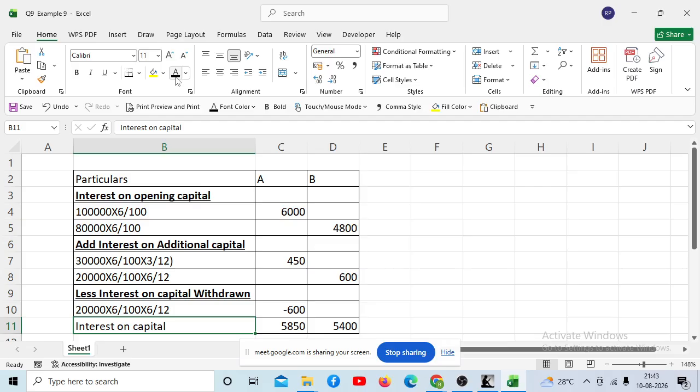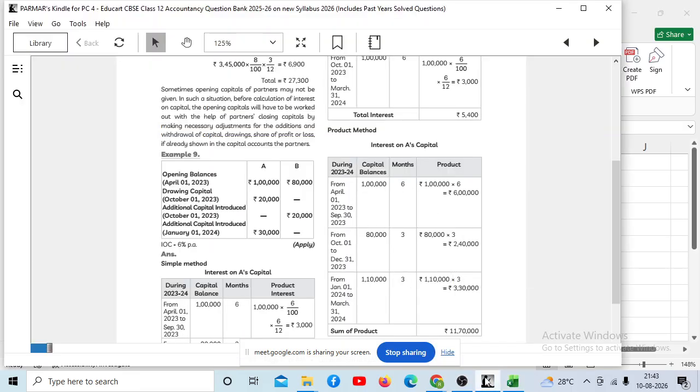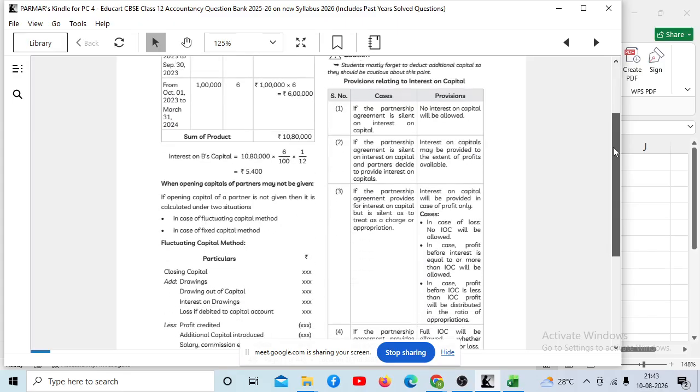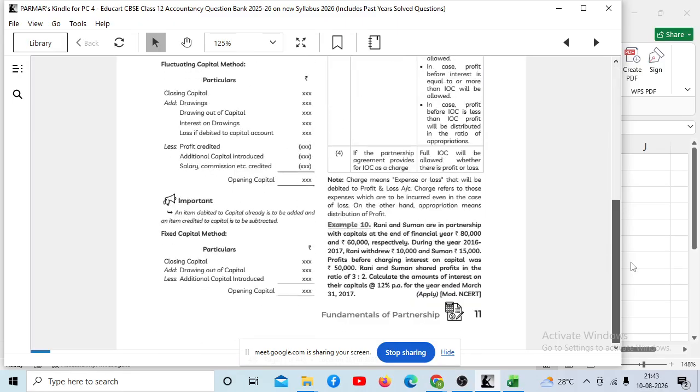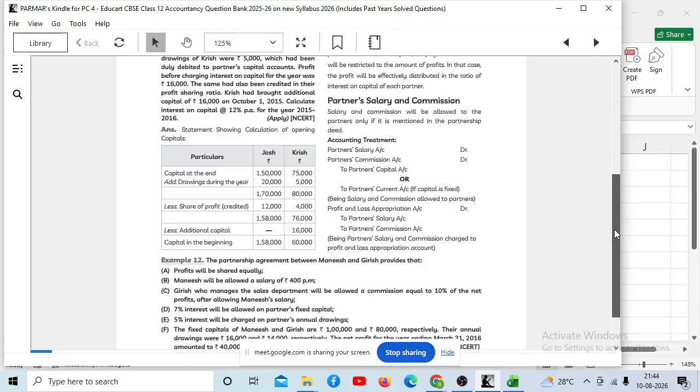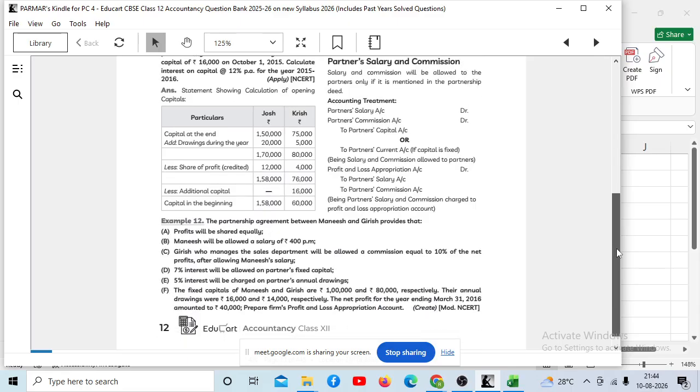Number you had not written? No. 1 minute. Last class, it was question number 6, I think 7, it was 7. Example 11 was the last one. Yes. Josh and Krish. Okay.